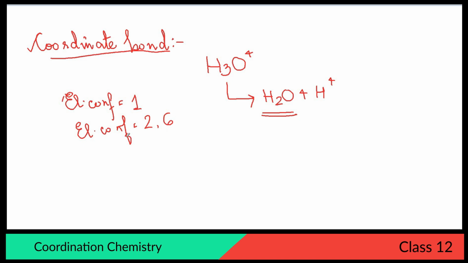Correct? Okay. Now, the same situation that we saw just a few minutes back, that hydrogen, in order to complete its duplet configuration, needs to share its electrons, whereas oxygen needs to share its electron with hydrogen in order to attain the stable octet configuration, right?